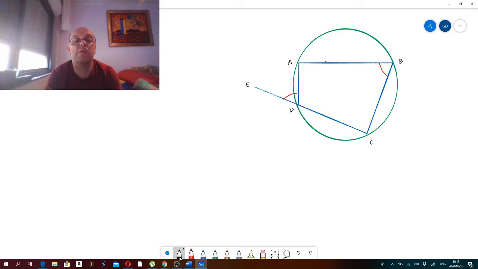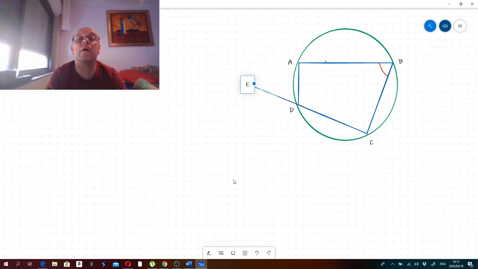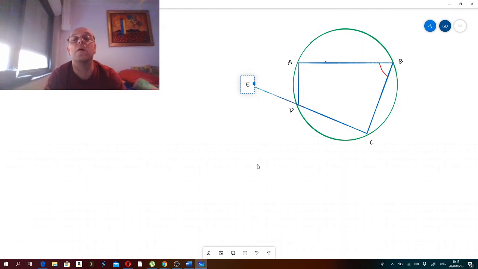Okay, so let's start by labeling an angle. Let's label the angle at B an X. Okay, it's gotten stuck again. I don't know why it always gets stuck every now and again. Okay, let's just do it by hand.